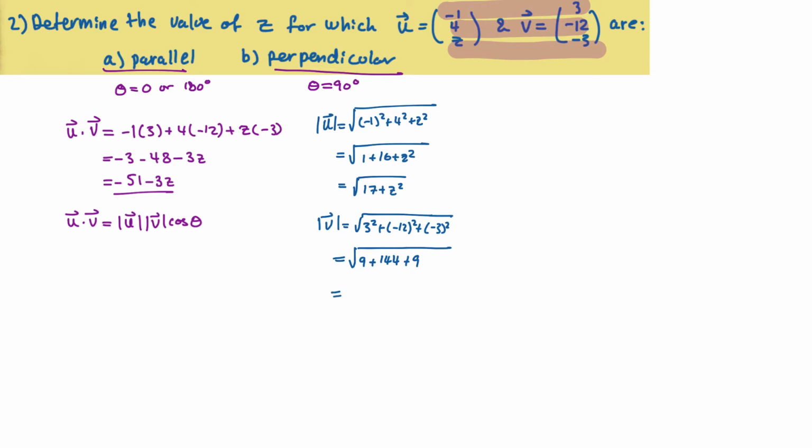This will end up giving me root of 162, and this can be simplified as root 81 multiplied by root 2, which is 9 root 2.